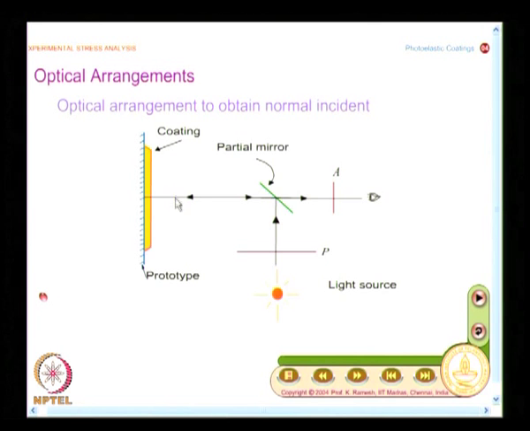Suppose I want to have a normal incidence, the possible optical arrangement could have a partial mirror here, so that the light passes through the polarizer and then part of it goes and hits on the model, and whatever light is reflected comes out and reaches your eye through the analyzer.